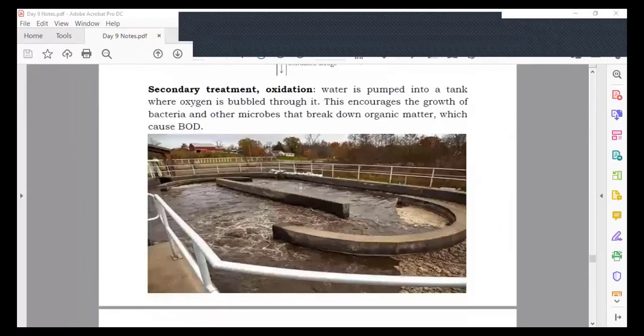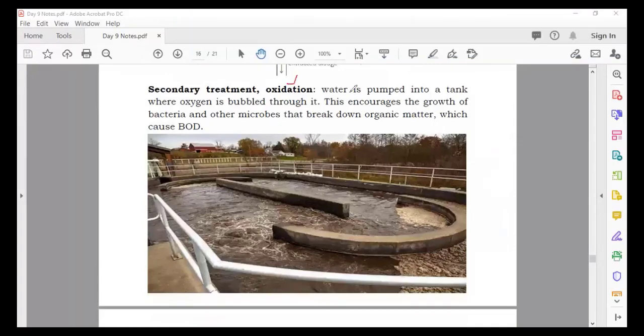Secondary treatment or oxidation. You know, as a chemistry student, oxidation means adding oxygen to something. They're saying water is pumped into a tank where oxygen is bubbled through it. You can see these bubbles. From down, oxygen is bubbled through this water. Why?